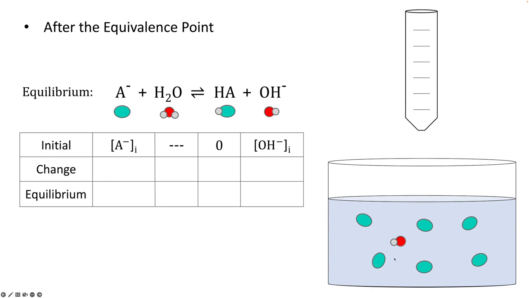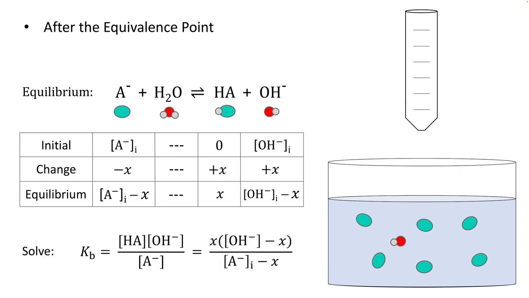So we'll know the moles of added OH- past the equivalence point. We'll determine the concentration of OH- due to just that OH-, and then we'll do the usual plus X and minus X in the ICE chart. We use the equilibrium constant for the base dissociation, same idea as at the equivalence point, but our initial concentration of hydroxide once again is not 0.